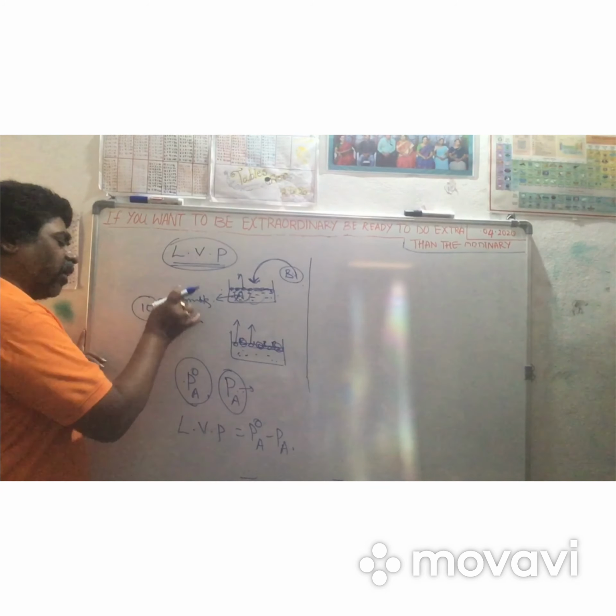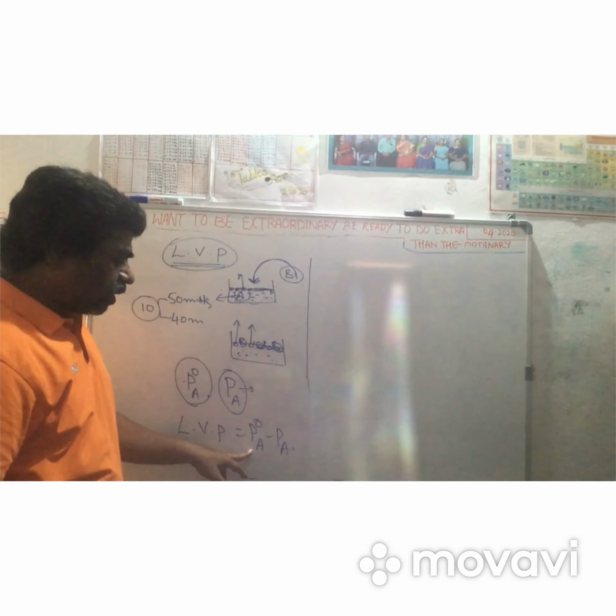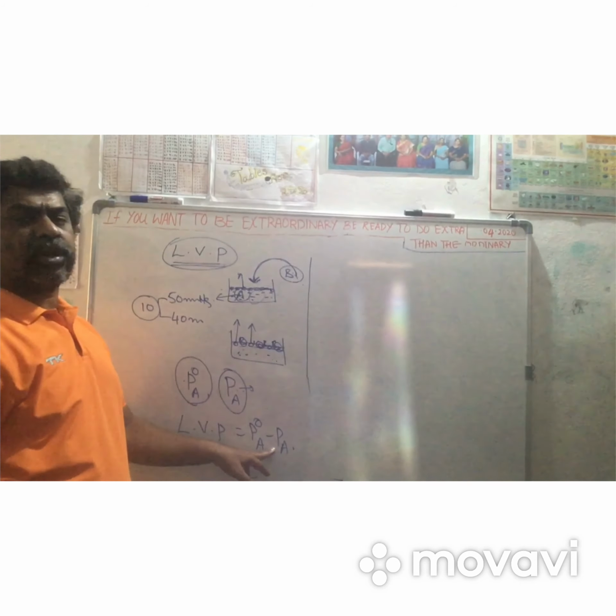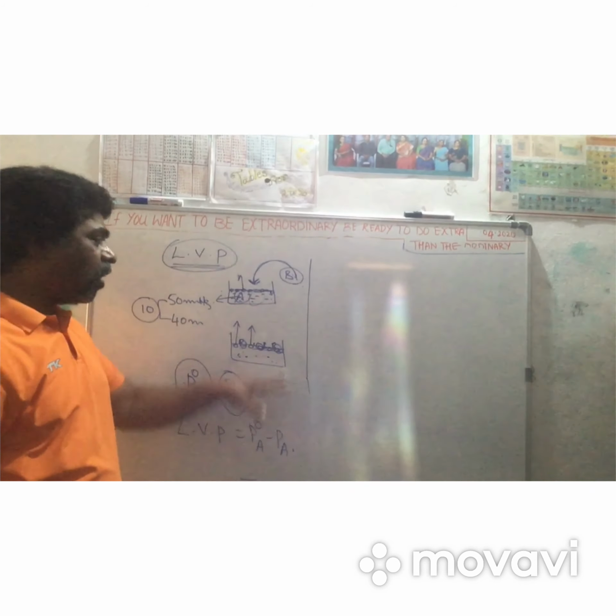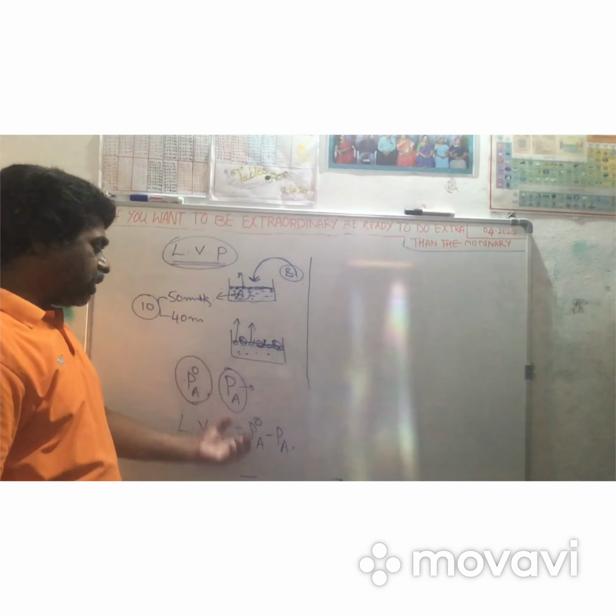Every time it is like 50 minus 40, right? The vapor pressure of the pure solvent minus the vapor pressure of the solution, solution meaning after adding solute, is called lowering of vapor pressure.